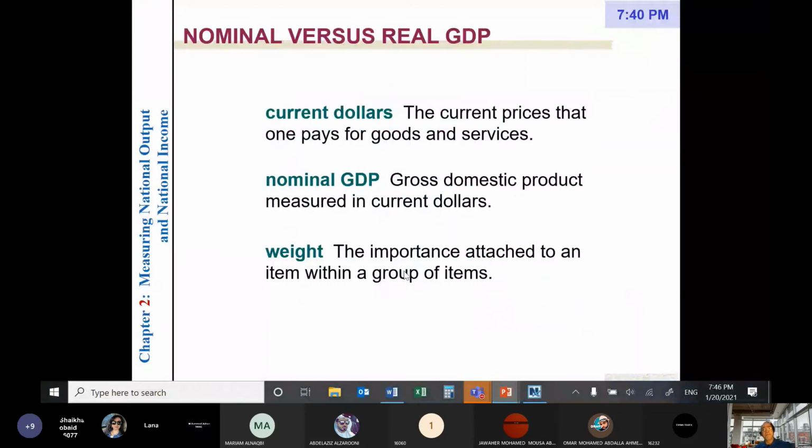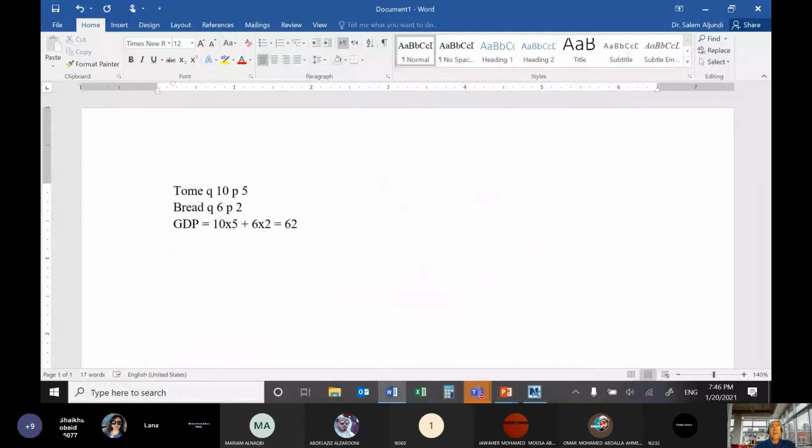There is a problem with nominal GDP. Let's use this simple example. Assume these data for, let's say, 2019. And when we go to 2020, what happened? For the first product, the quantity of tomatoes is the same.